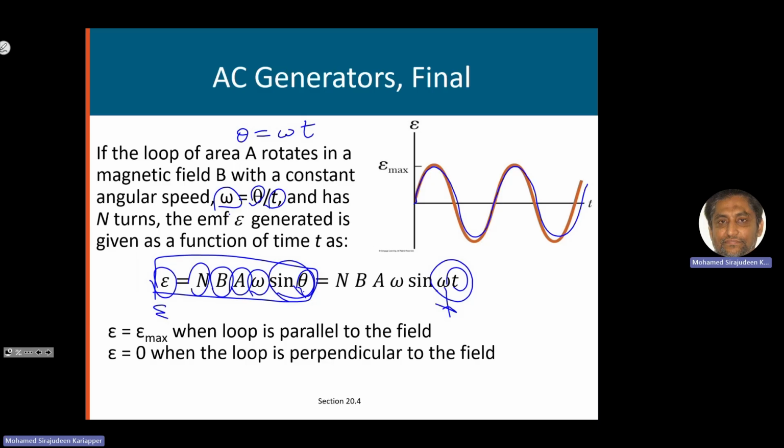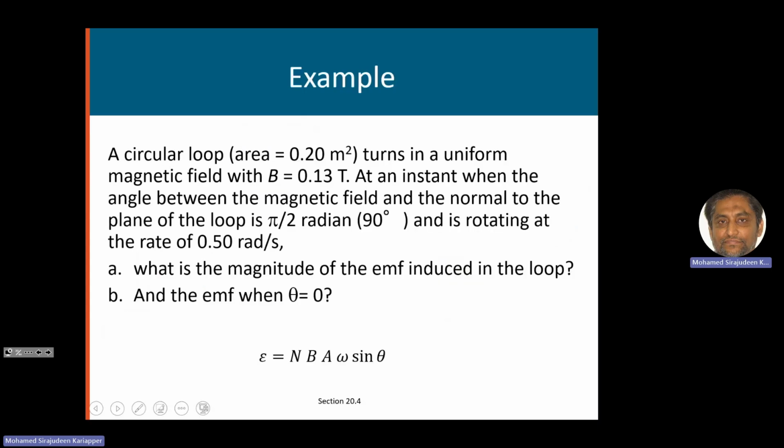Sine theta versus theta is something like that. So E is maximum when theta is equal to 90 and is 0 when theta is equal to 0. So you should know what theta means. Theta is the angle between the perpendicular to the plane and the magnetic field.